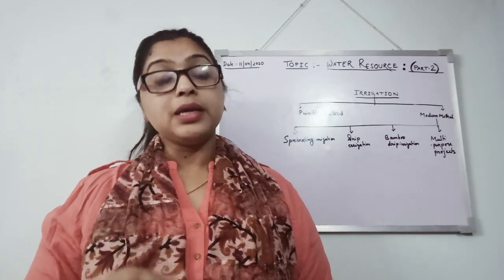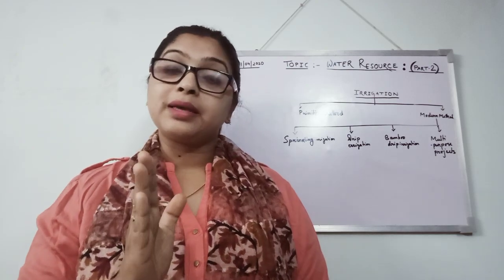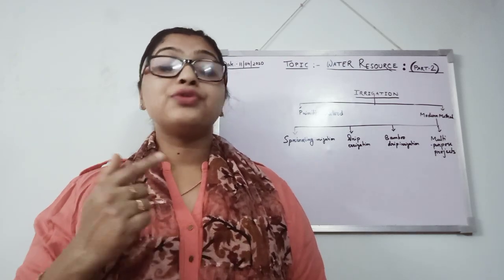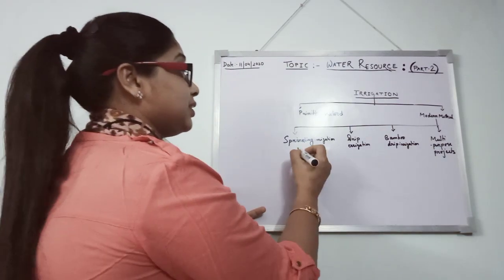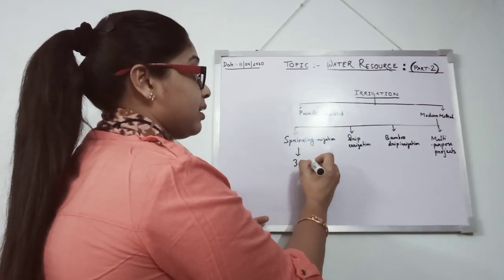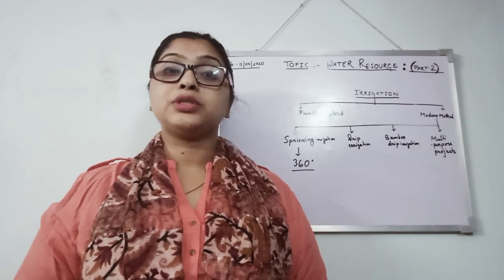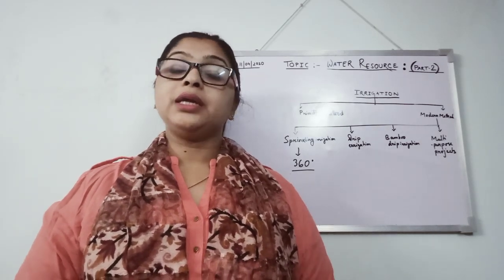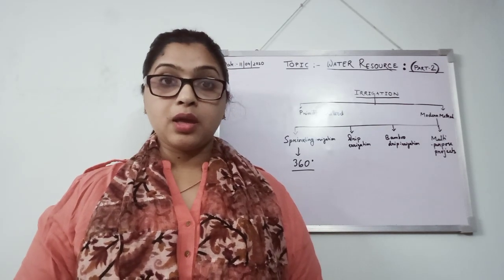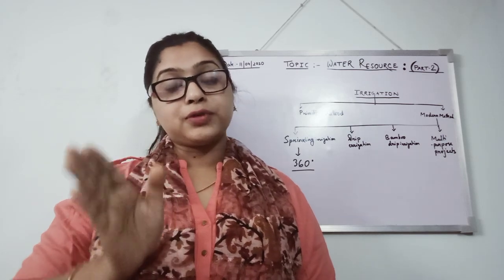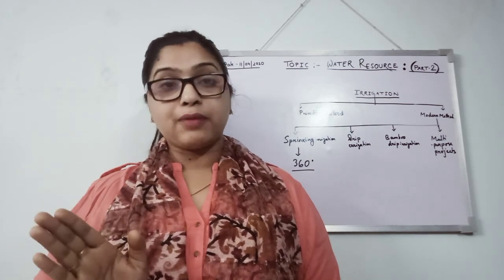This spray gun moves 360 degrees. How? It sprays all that area equally. It irrigates at a 40 degree angle, after that it takes a break and then again 40 degrees.